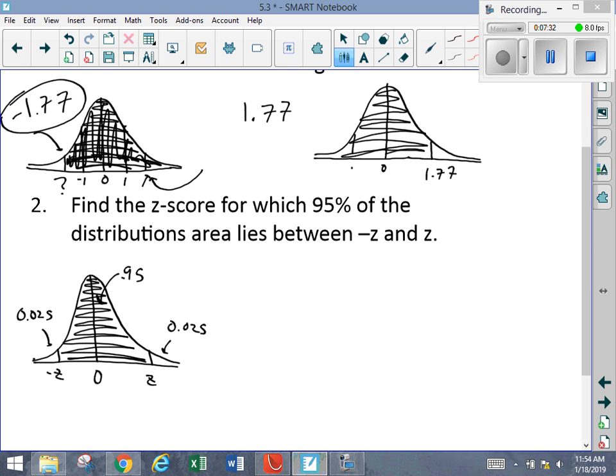That's telling me that the z-score that corresponds to this point is negative 1.96, and this one is positive 1.96. So those are my answers.